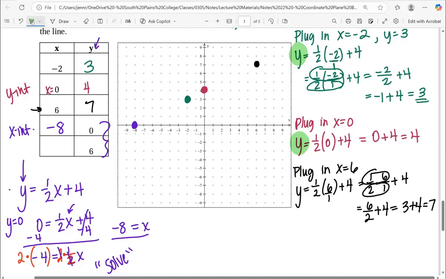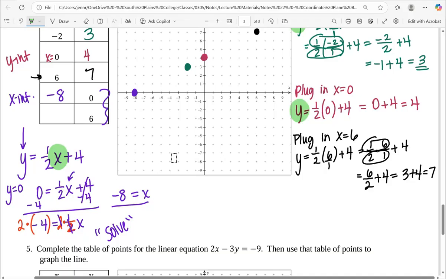My equation was already set up so that y was by itself. So if y is what I was looking for, I just got to plug in, combine like terms. There was nothing to have to undo. But if x is what I'm looking for, x is not by itself. So I have to go through that undo, that solve process in order to get x by itself.